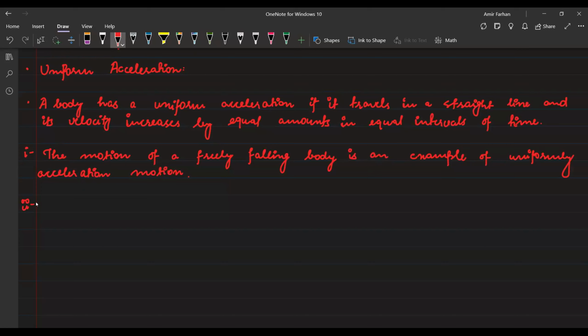Next is the ball rolling down an inclined plane.